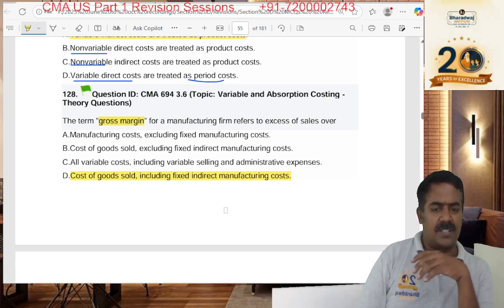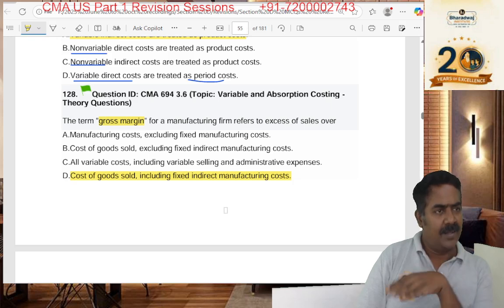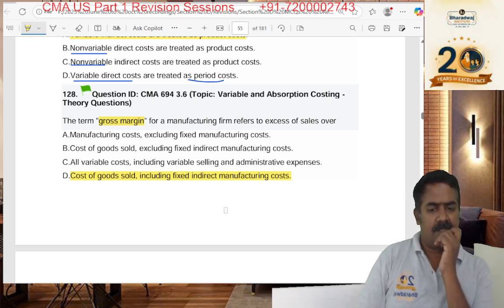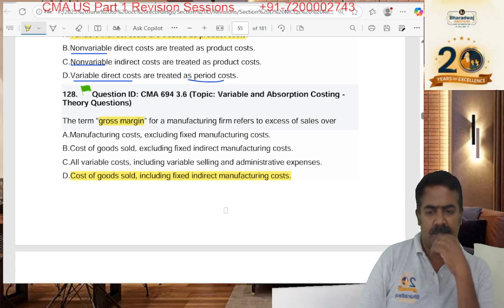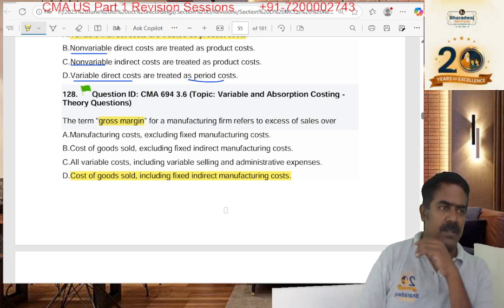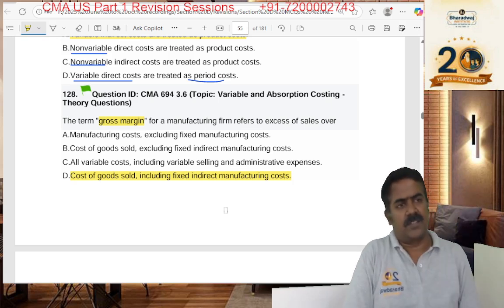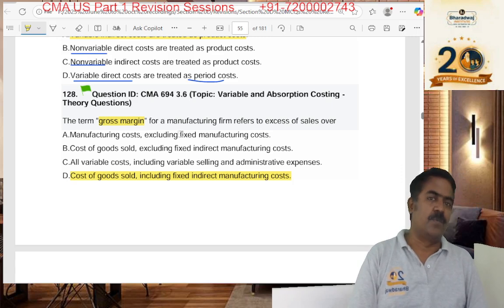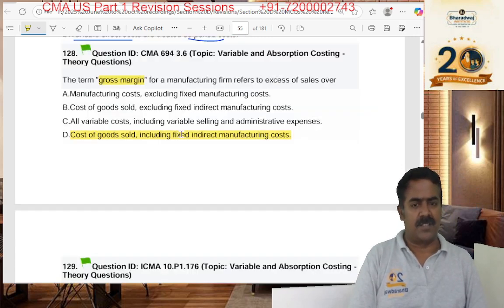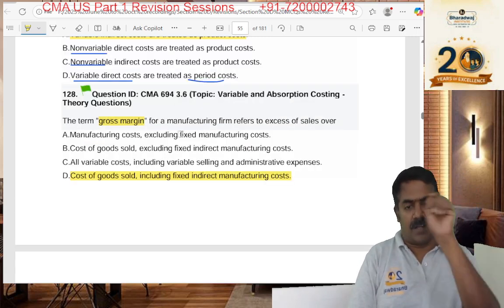While working out cost of goods sold, we take both direct as well as indirect costs. Gross margin is absorption. This includes both variable as well as fixed overheads. The question is not specific about variable costing or absorption costing. If it is variable costing, then you would have done sales minus variable cost.